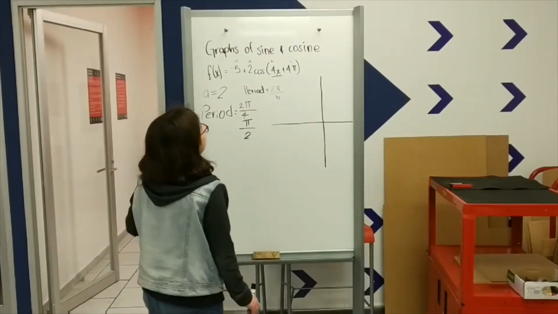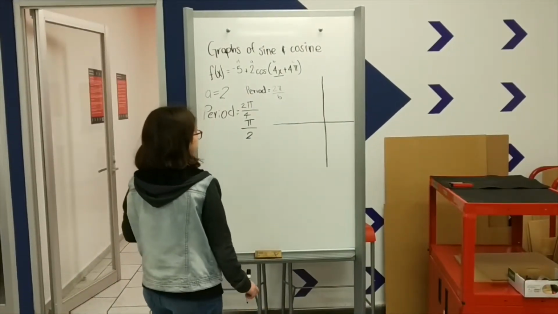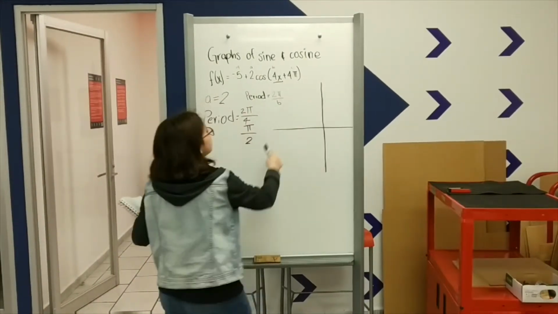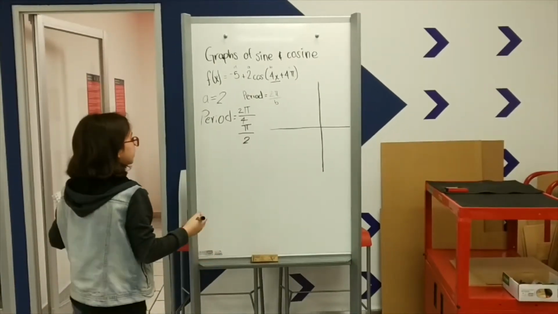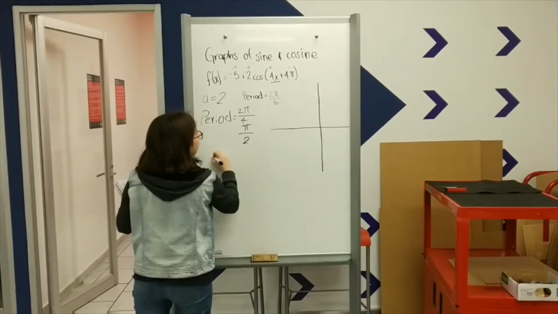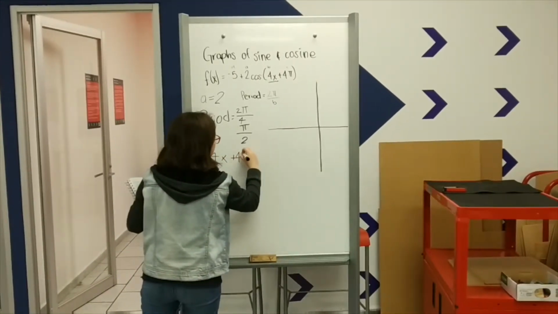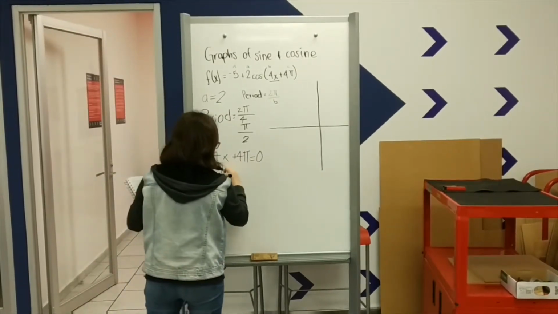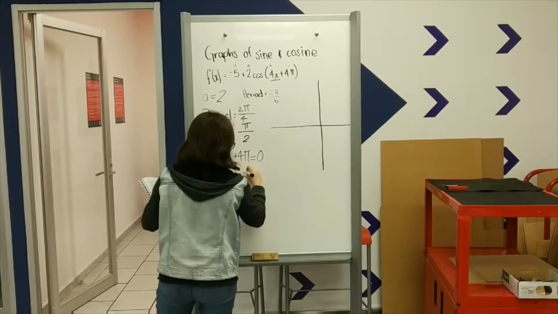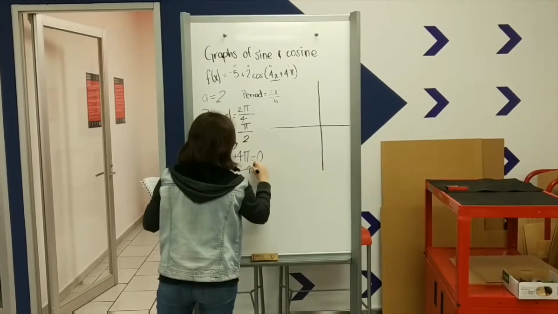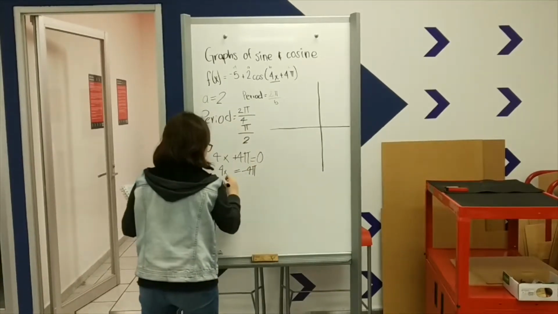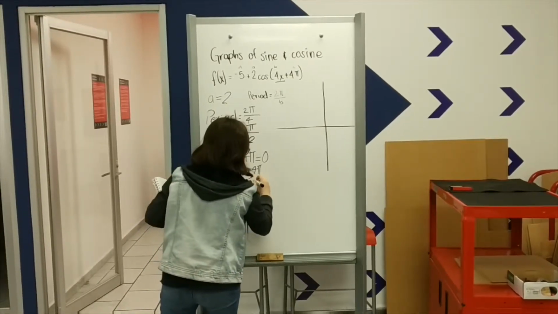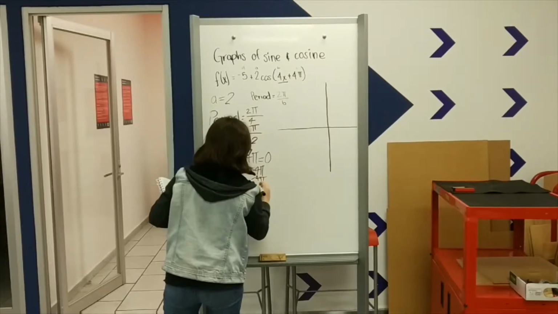Here we're gonna find the horizontal translation, that is the numbers inside the parentheses, and we're gonna get the x out of there. So we're gonna start like 4x plus 4π equals 0. Then we're gonna start moving. 4x equals minus 4π. Then we're gonna put 4 next to the x, so it's gonna be negative 4π divided by 4.